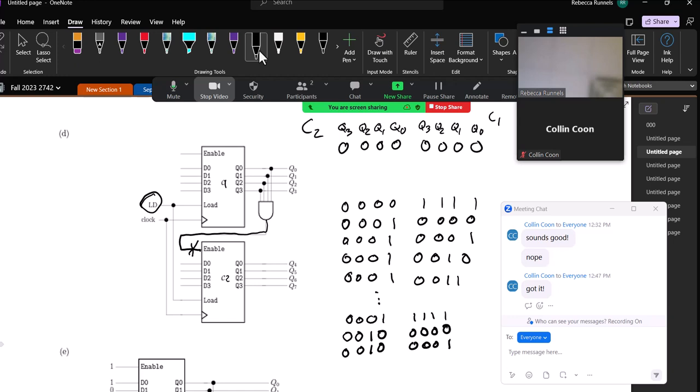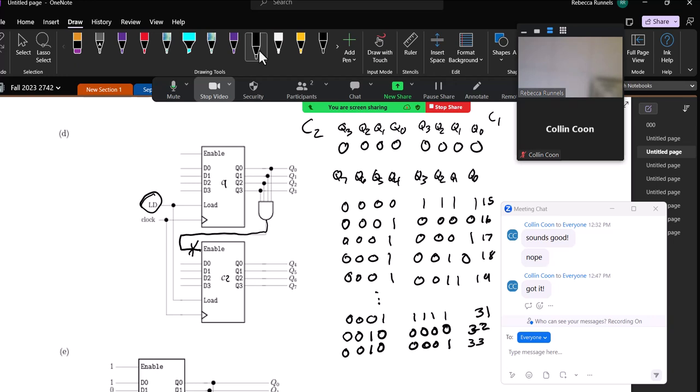So let's look at what these numbers are. This 1, 1, 1, 1, this was 15. This is 16. This is 17. If we now think of this as an 8-bit number, so Q7, Q6, Q5, Q4, Q3, Q2, Q1, Q0, this is 17, this is 18, 19, and then when we get here, we would have 15 plus 16 is 31, and then the next one is 32, and then 33, and so forth.